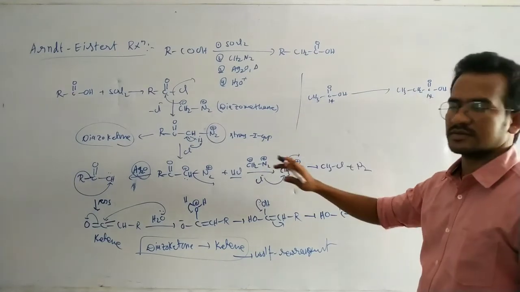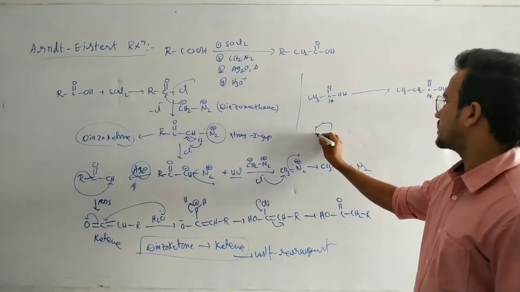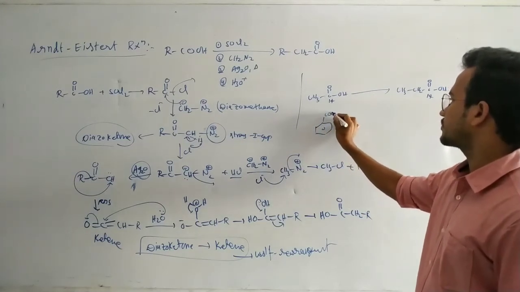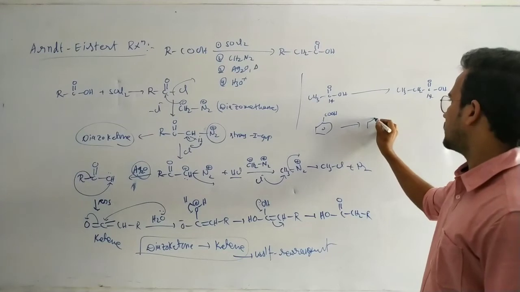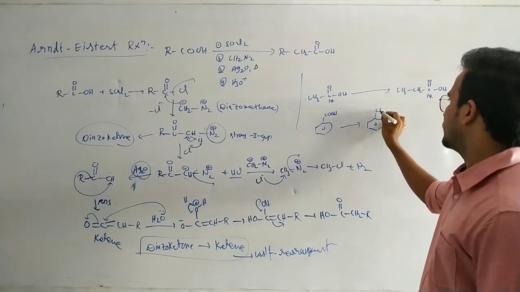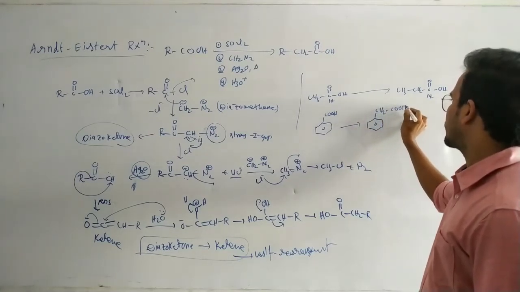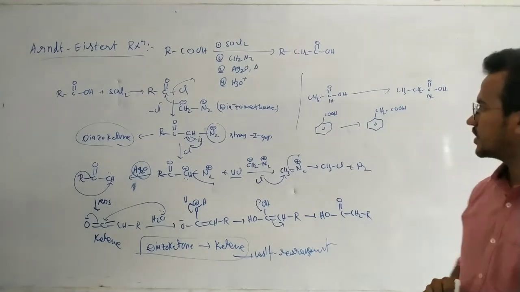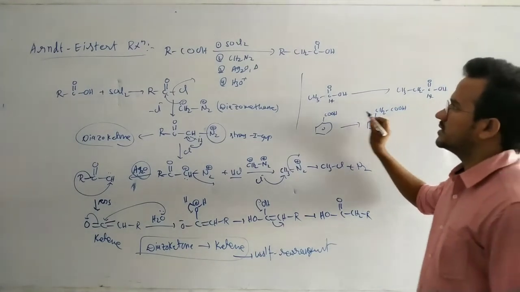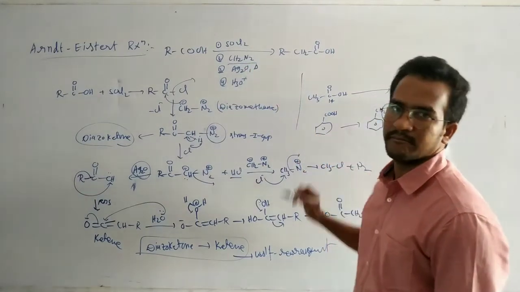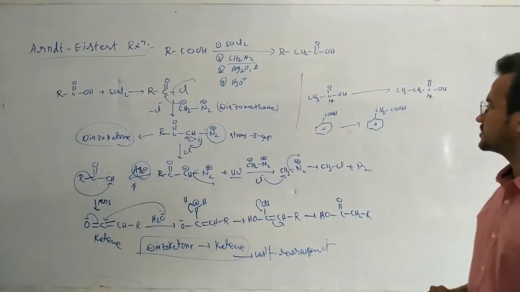You can go through the mechanism. Suppose benzoic acid in the on-tested reaction gives phenylacetic acid. This carbon comes from the CH2N2.